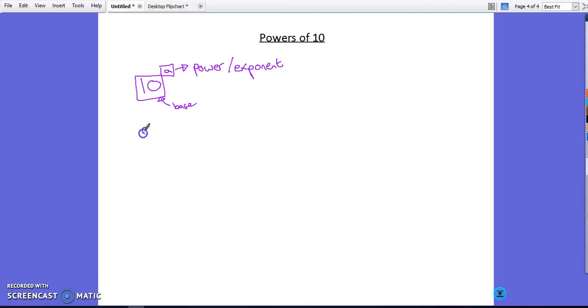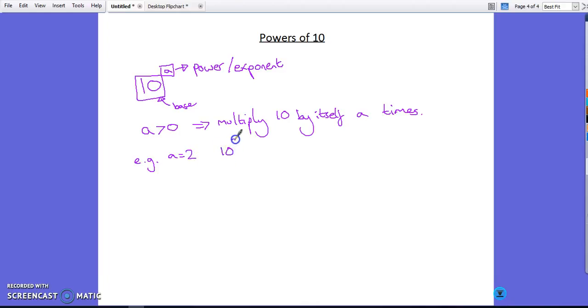And when A is larger than 0, what this means is multiply 10 by itself A times. So if A is 2, then 10 to the power of 2 is 10 times 10, which is of course 100.